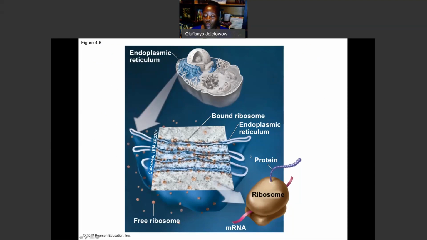During the manufacturing of protein, messenger RNA is sandwiched between the large subunit and the small subunit, and they read the nucleotide sequence on the mRNA. And with the help of transfer RNA, they translate that to an amino acid. And one by one, the beads of amino acids are joined together to form the polypeptide chain, which is the primary structure of protein.